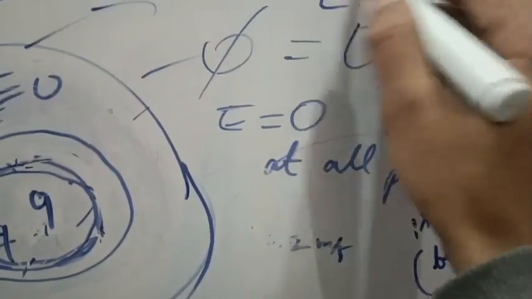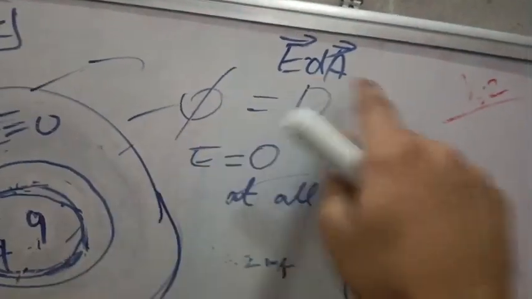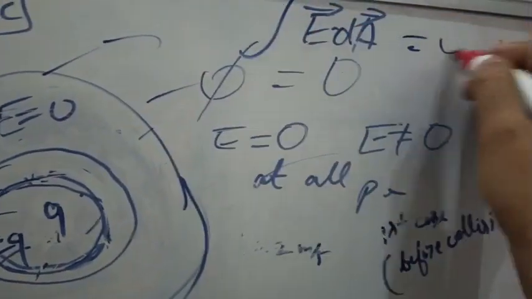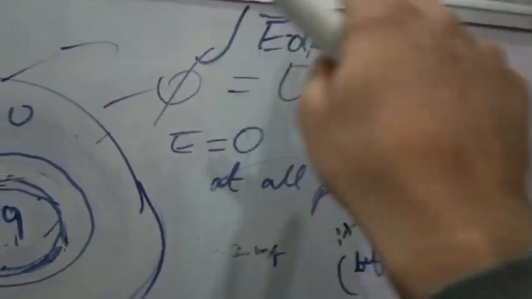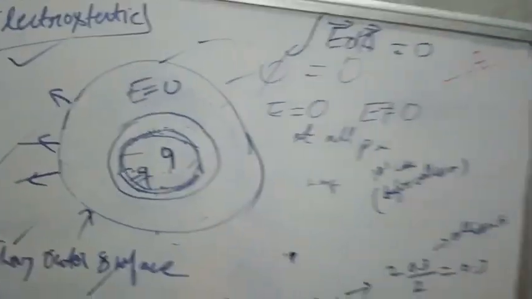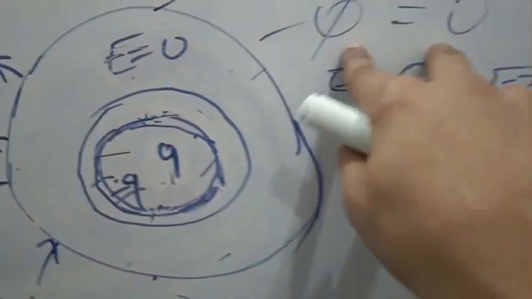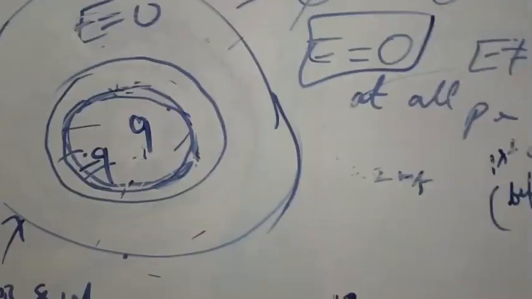In the case of E dot dA, it is possible that E is 0 everywhere, which is why the flux is 0, or in some places this value is negative and in some places this value is positive, which is why the sum is 0. So flux must be 0 to achieve this case.